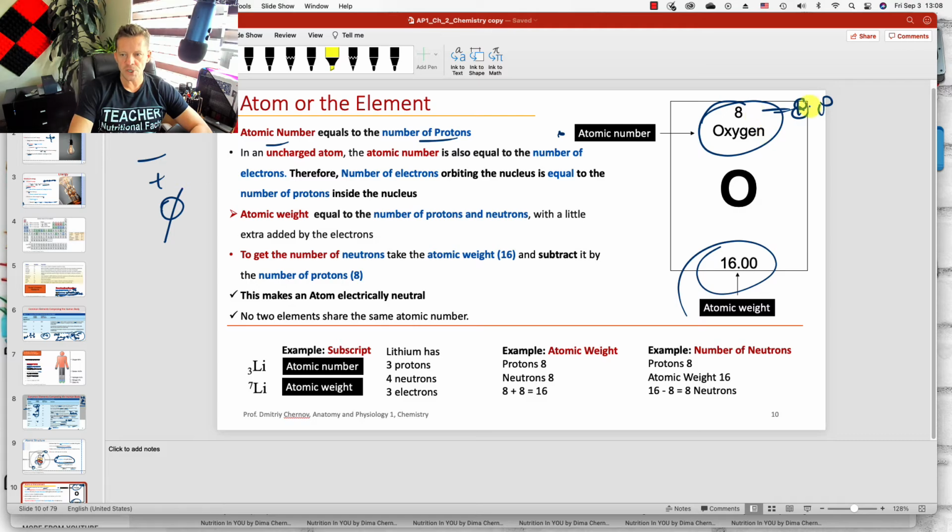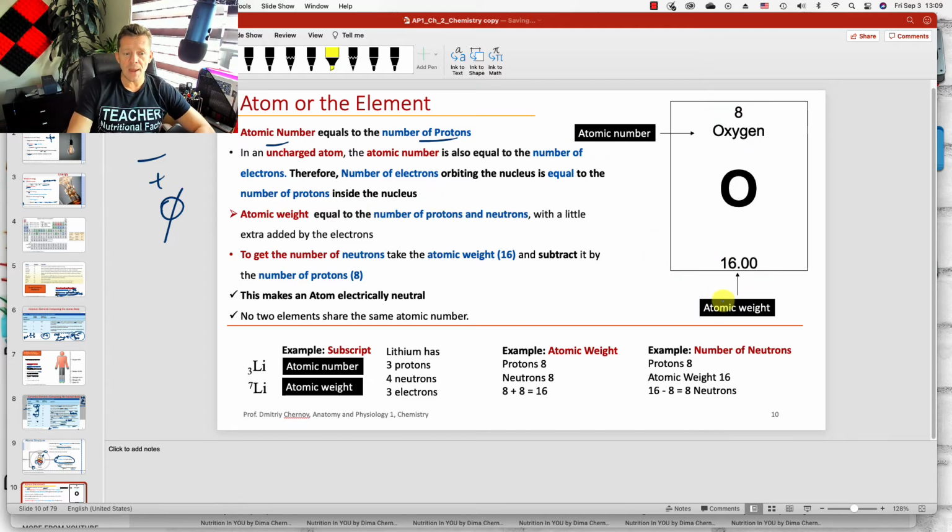So if it's uncharged, 8 protons equals 8 electrons, right? If it were negative or positive, the number of electrons would fluctuate. The number of protons would stay the same, but the number of electrons would fluctuate. Therefore, the number of electrons orbiting the nucleus is equal to the number of protons inside the nucleus.